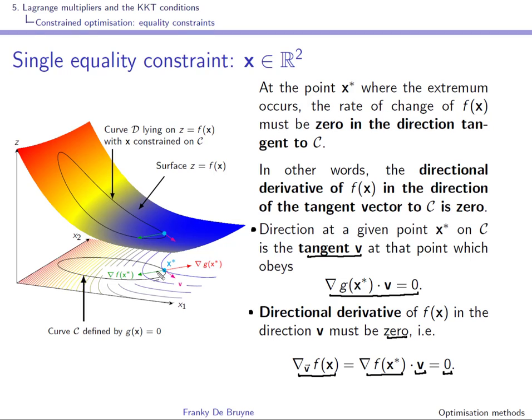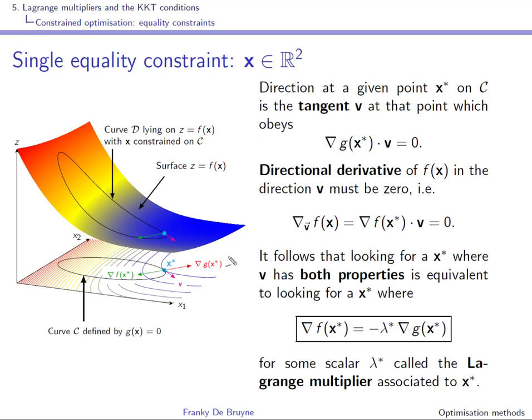It's a direction of steepest ascent, and this direction of steepest ascent should be perpendicular to the vector that is tangent to the curve C over here, to ensure that this directional derivative in this direction V is 0.